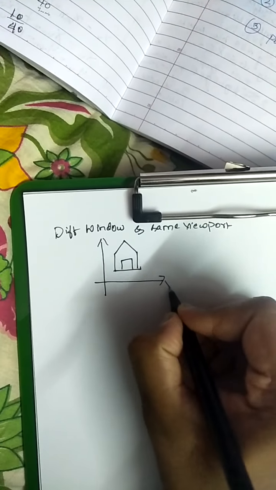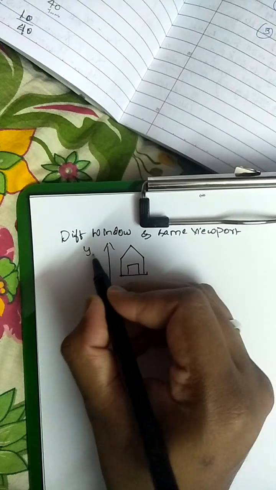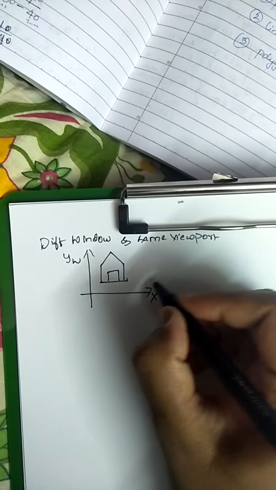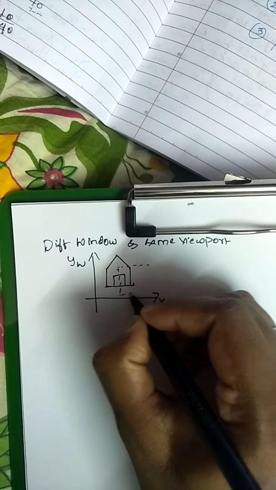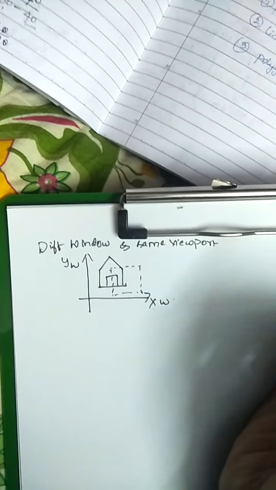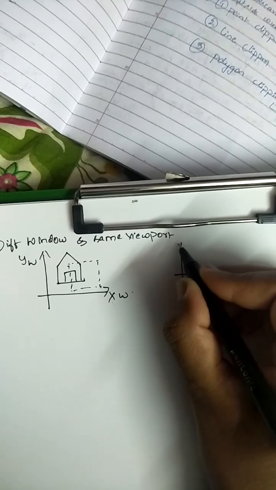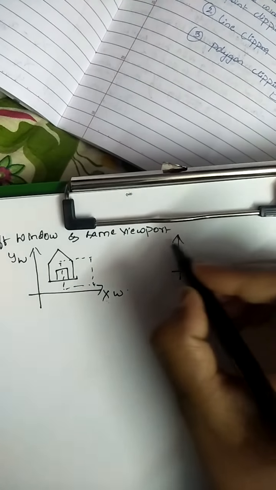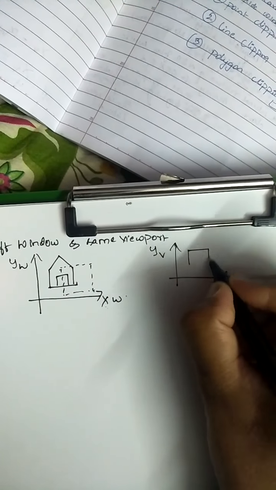If this is XW and this is YW, consider my window is this now. This is my window. So how will I draw it in the viewport? XV and YV will be something like this.